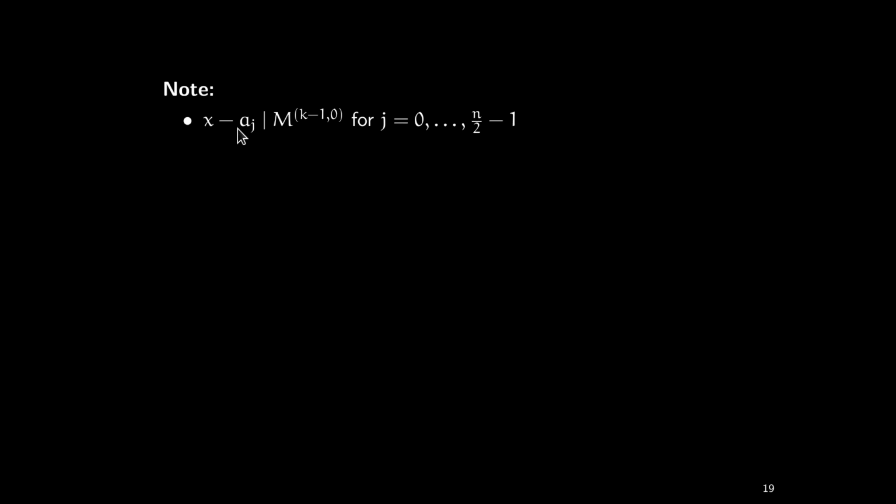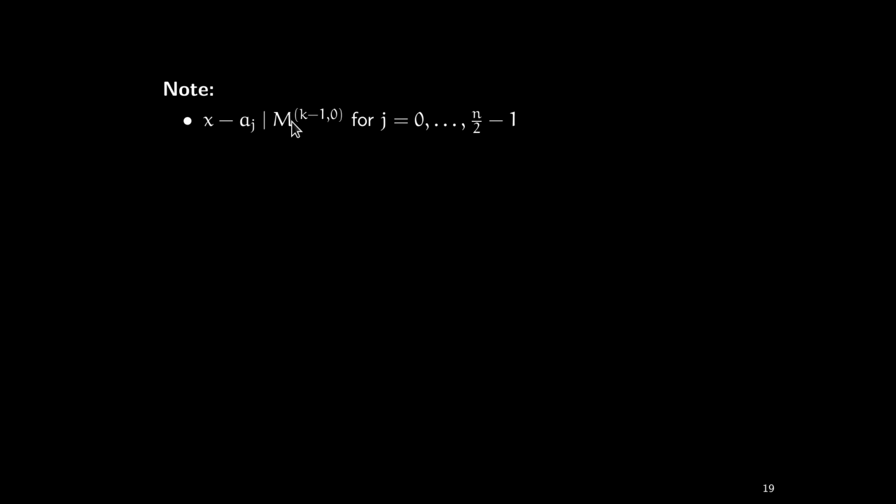The M's here contain several of these linear polynomials because they are defined as these products. And on the kth level, the M_k will contain all of them, but the M_{k-1} will contain only the first half of them.